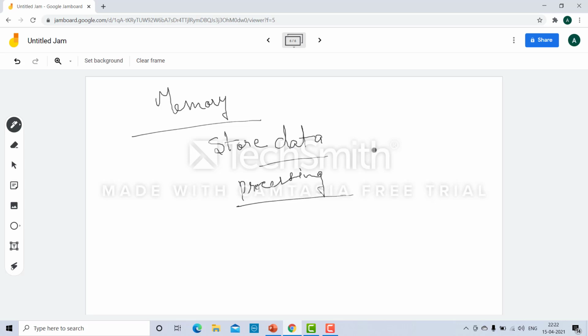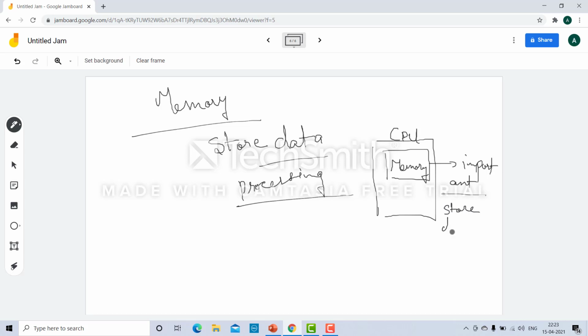Then this memory is part of the CPU itself, children. Okay, but it holds a different section, because memory is very important. Without memory, we will not be able to have any importance of the computer, isn't it? It is there to store data. Whatever work we do, it is all getting stored in the computer. So memory plays a very important role, children.